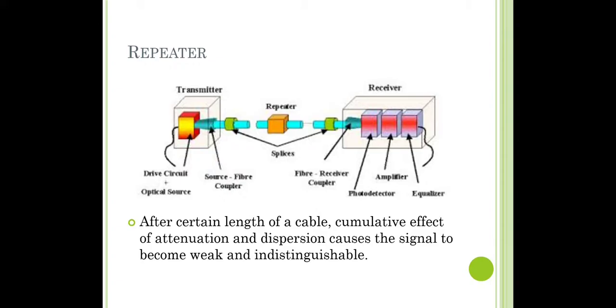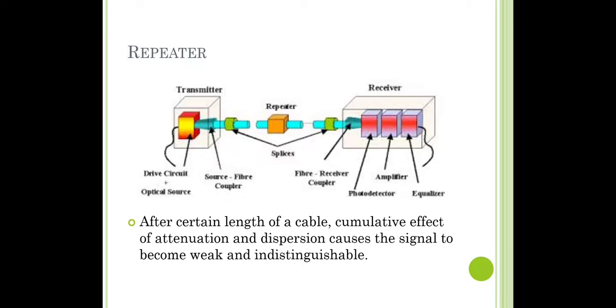And one more block in that block diagram is the repeater. So what is meant by a repeater? From the name itself we know that repeat means we have to do the same operation once again. The purpose of the repeater block is this: in OFC or optical fiber communication, the sender and the receiver are at a long distance.